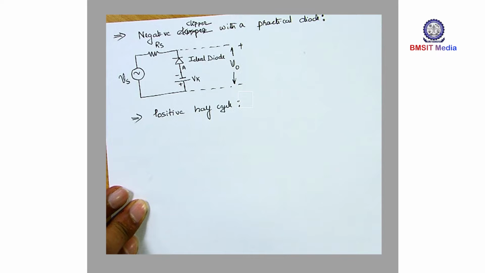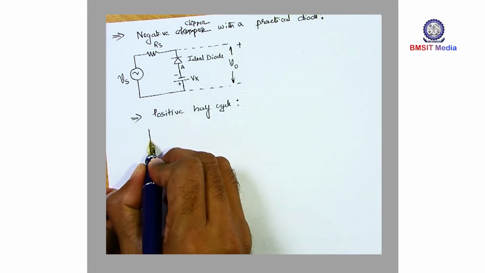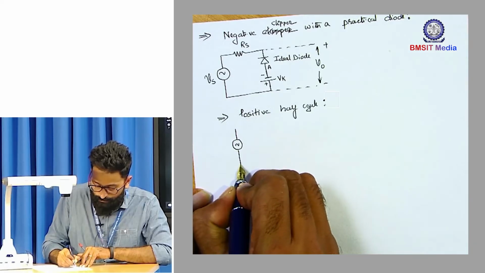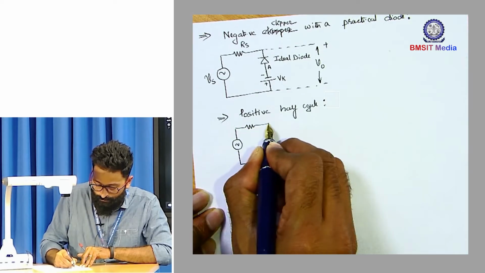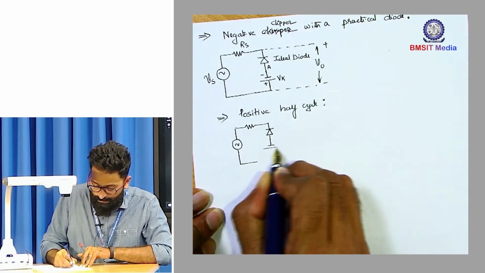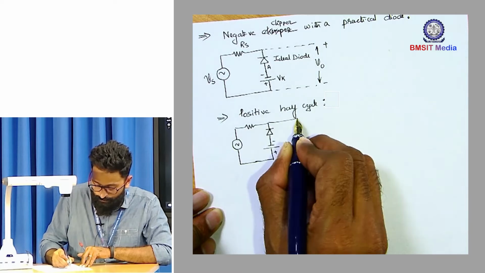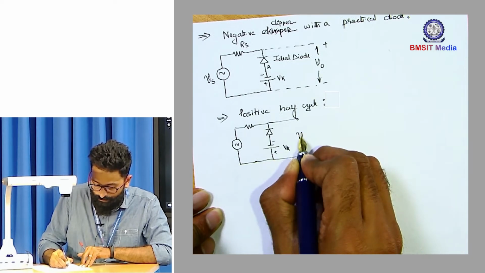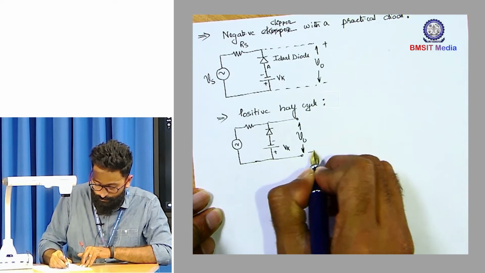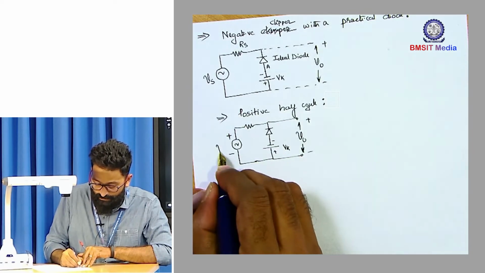Vs and Vk. So try identifying the polarity getting applied by the sources. Diode, barrier potential, the output. Right, positive half cycle. So upper side positive, lower side negative.